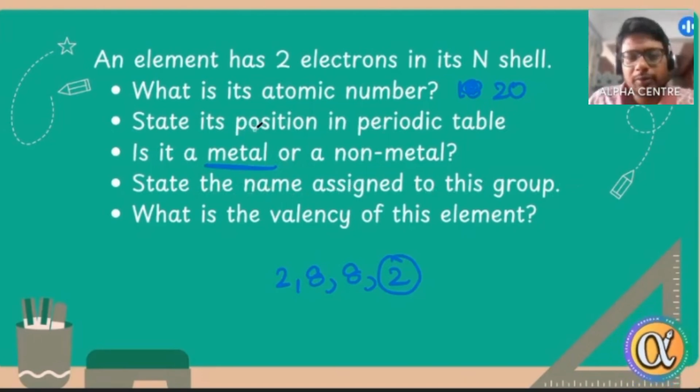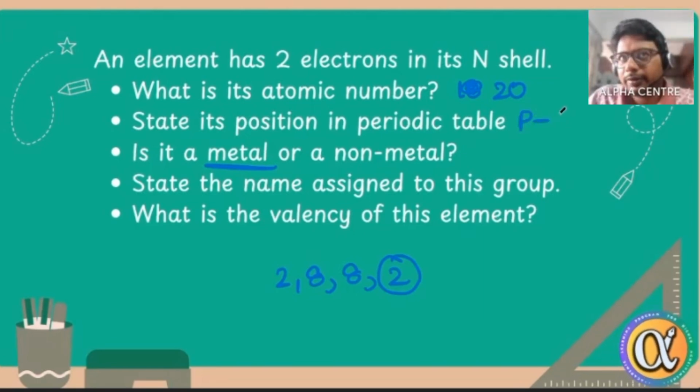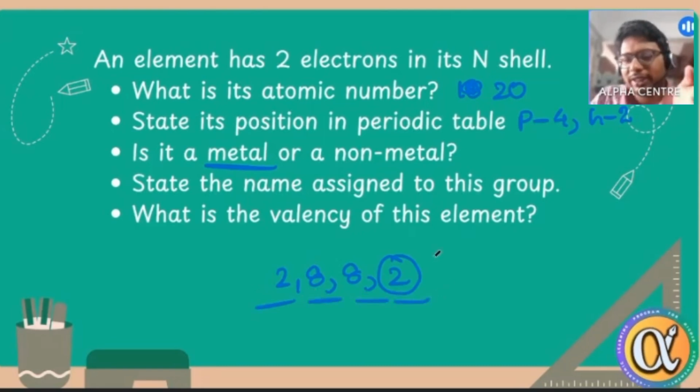What is the position in the periodic table? Period 4, group 2. Just count the number of shells, so fourth period, 4.